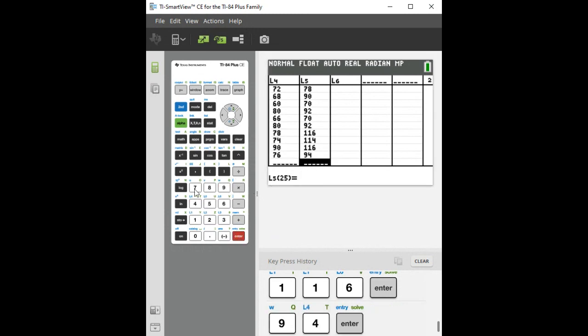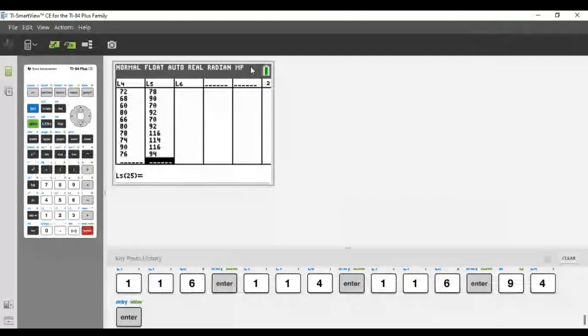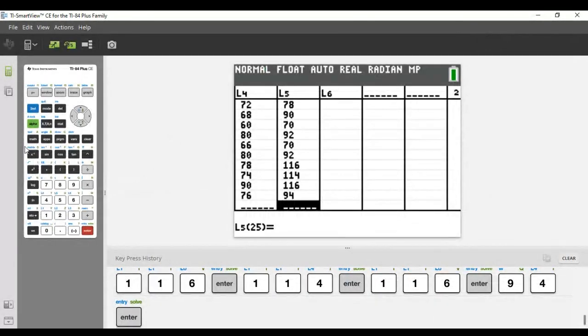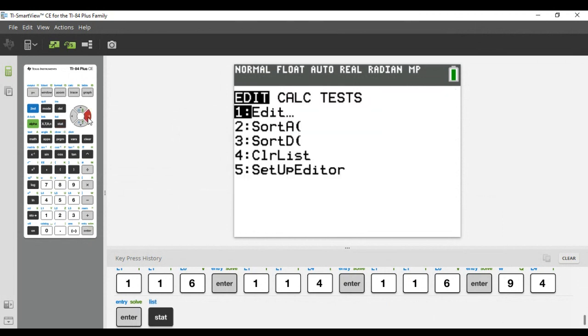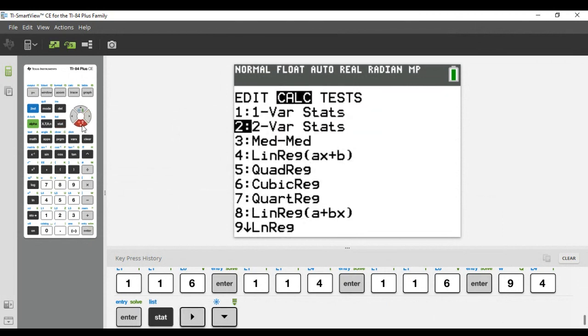So for us to find the R in the equation, remember our equation is y equals mx plus b. So the R first, you're gonna go to Stat, calculate. You can go to linear reg, the ax plus b.